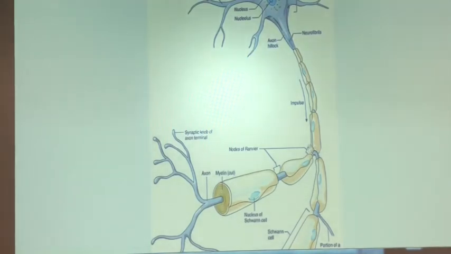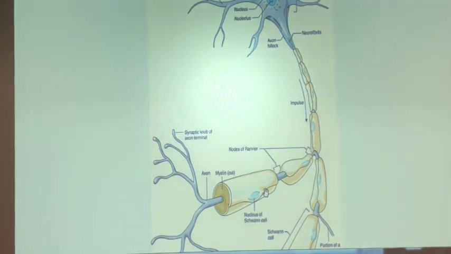Now, what's the role of the myelination? Notice this particular Schwann cell, it's going to wrap around the axon like a Band-Aid wraps around a finger. That myelin is going to support, so you need to get that function. It's going to insulate, so support and insulate that axon.